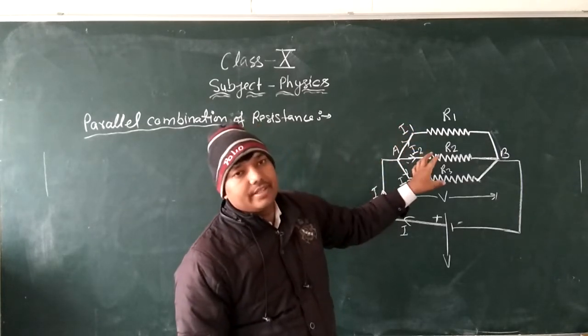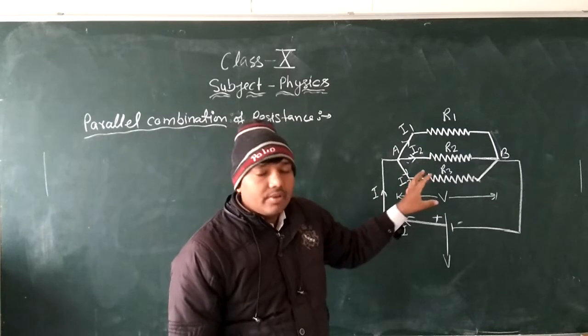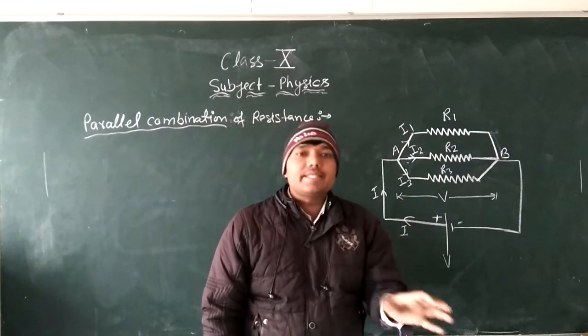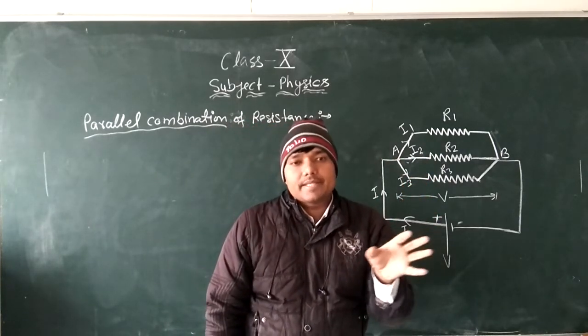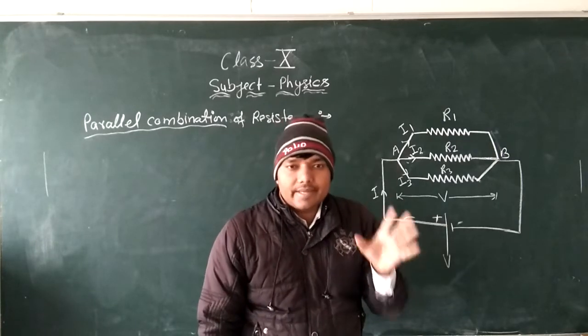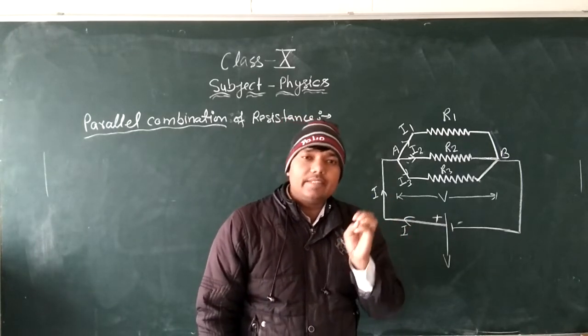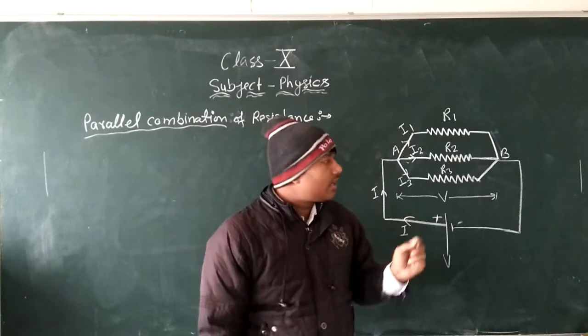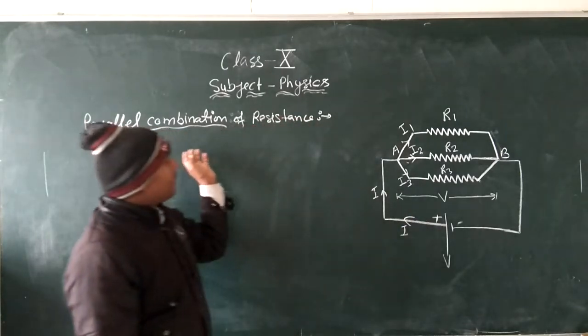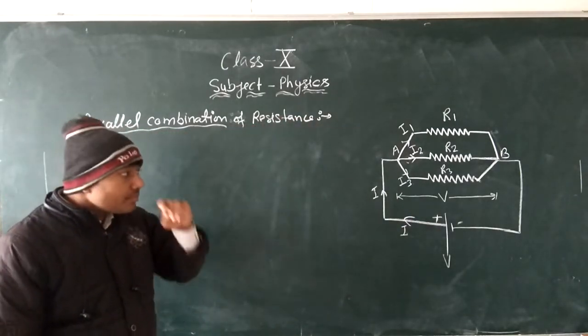That means different. If the current flowing through the different resistors is different, then that combination of resistors is called parallel combination.